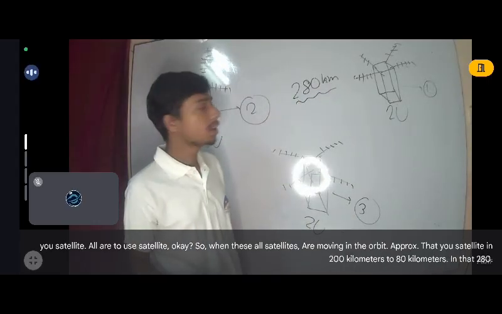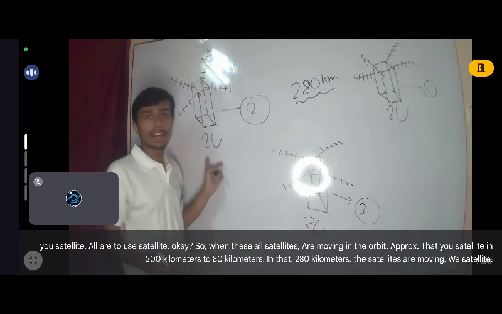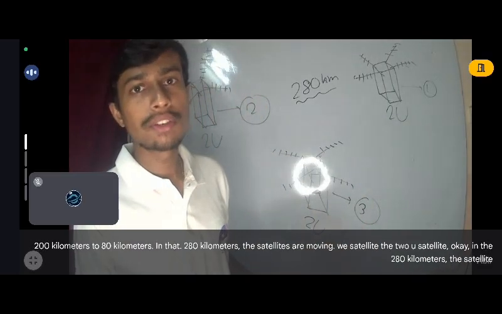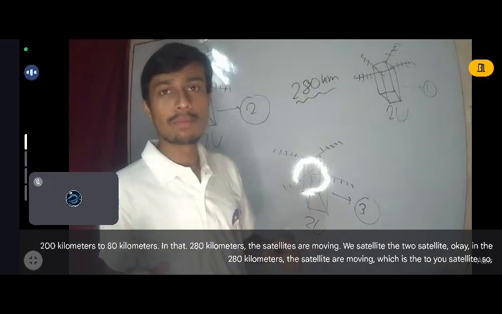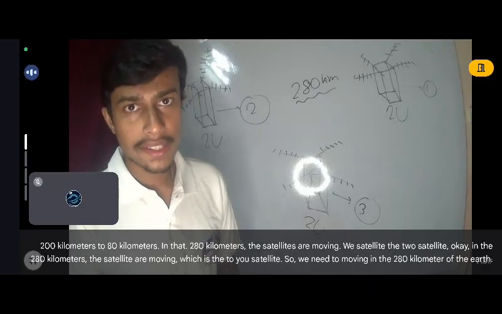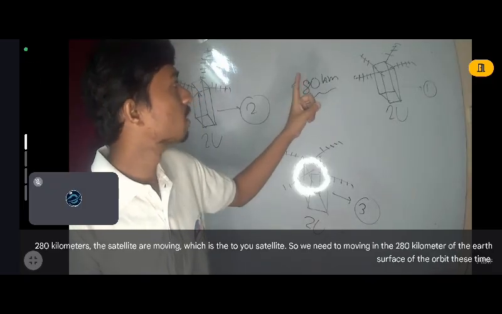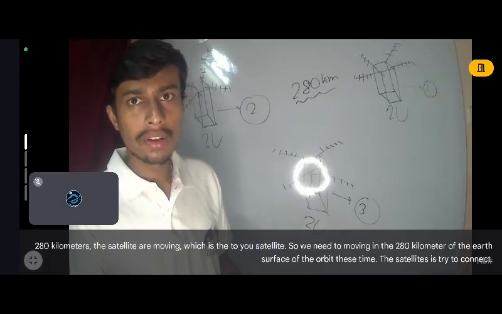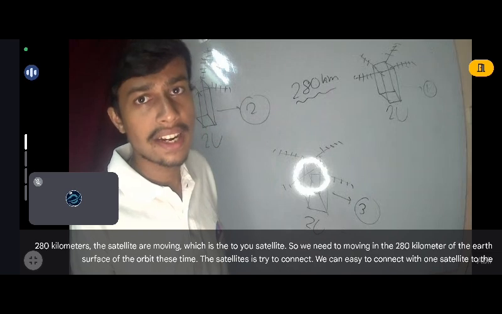In the 280 kilometer orbit, the satellites are moving, which is the 2U satellite. When it is moving 280 kilometers above the Earth's surface, it is easy to connect one satellite to another satellite.